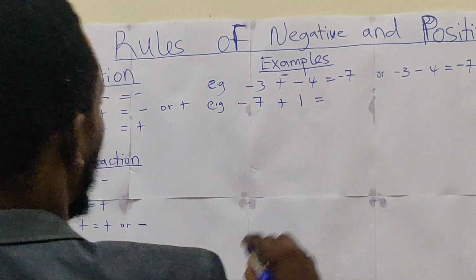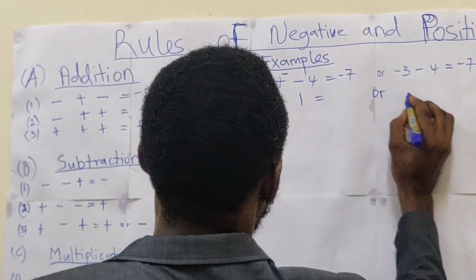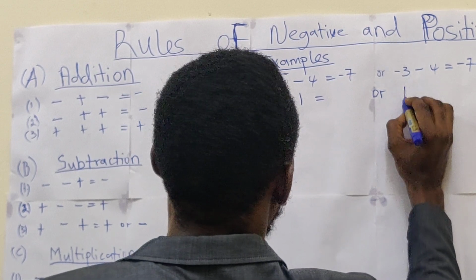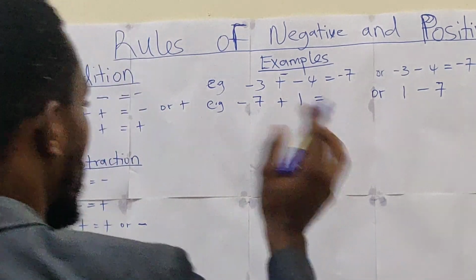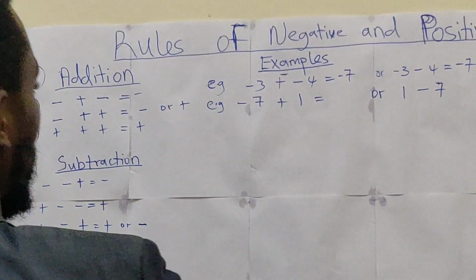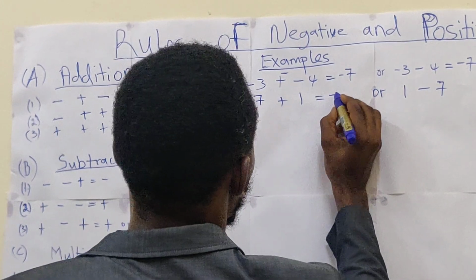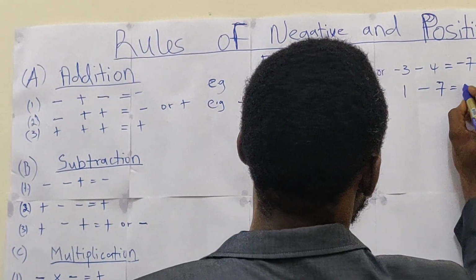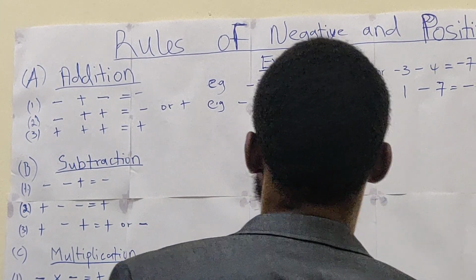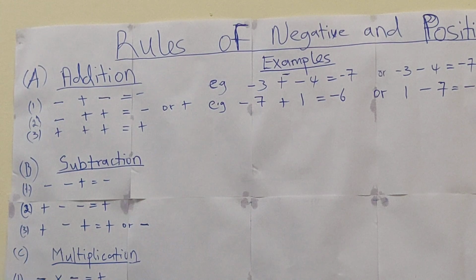This is the same as, you can still put it this way, 1 minus 7. So it's still the same, which is equals to negative 6. This is for the negative.